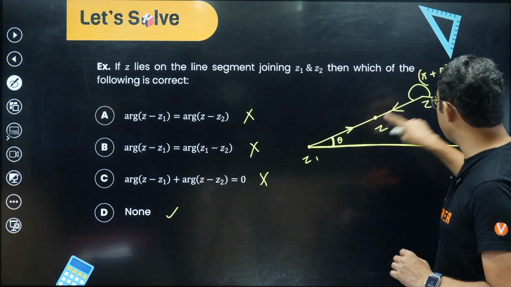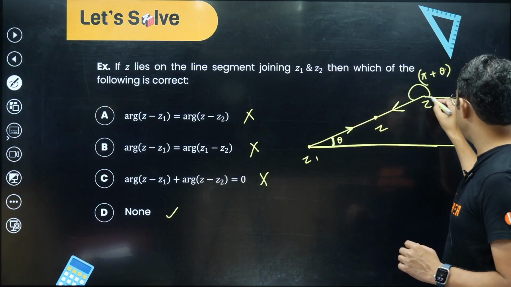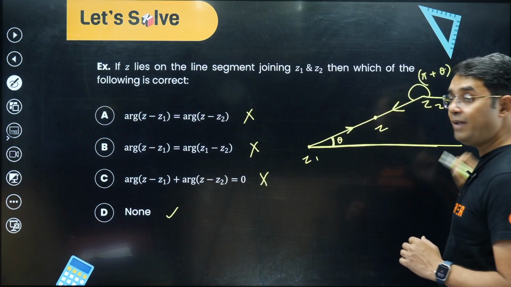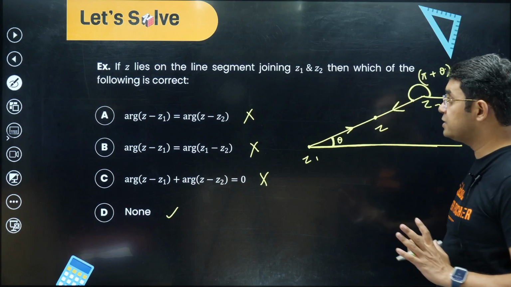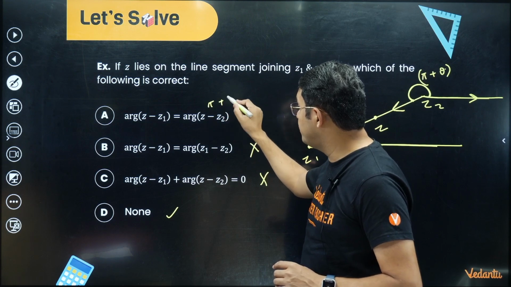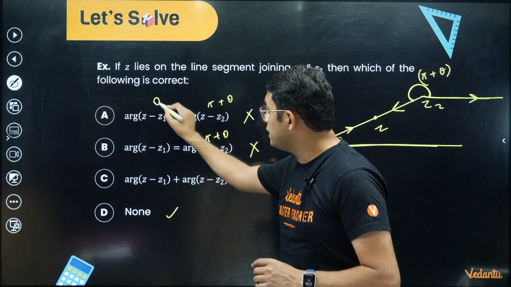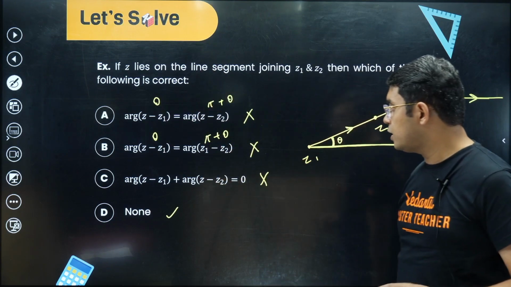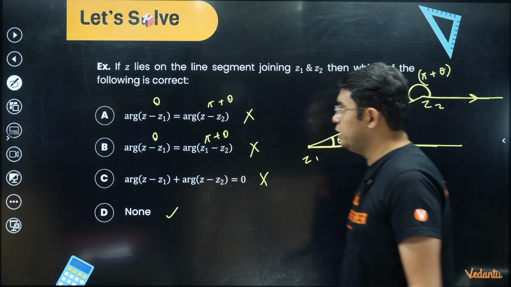But if it is Z minus Z2, your arrow will be going like this, Z2 being the initial point, and this will be the positive x-axis. So from the positive x-axis, the angle will be pi plus theta. So this is the angle for Z minus Z2, pi plus theta, and the same for this also, if it is theta. So A, B are wrong, C is also wrong, D is the only correct answer to this question.